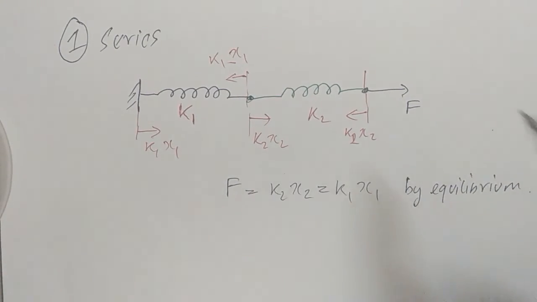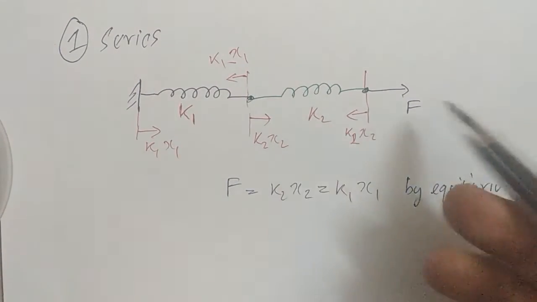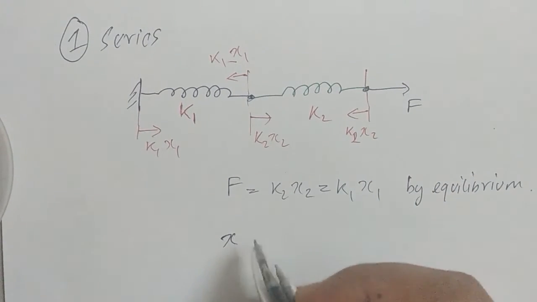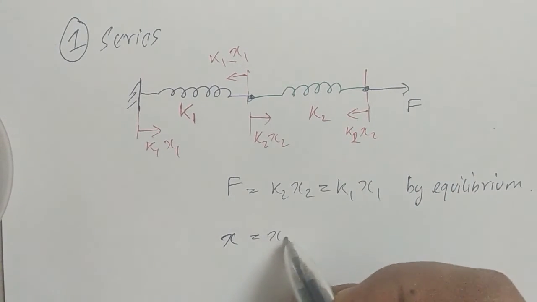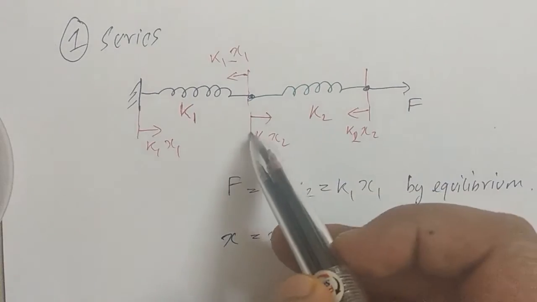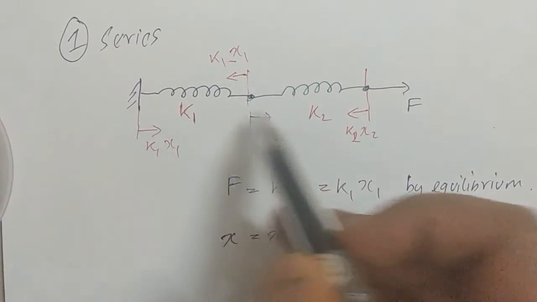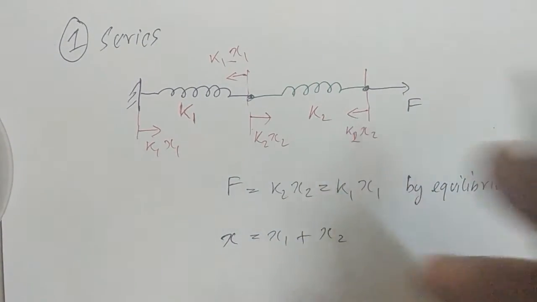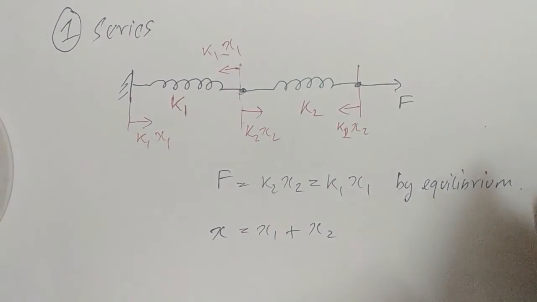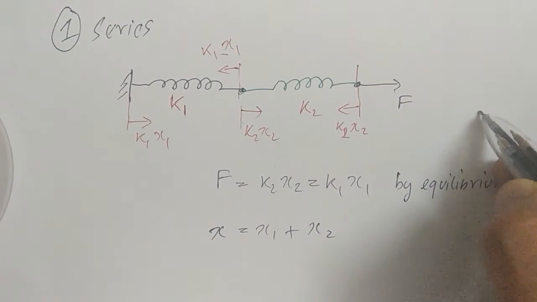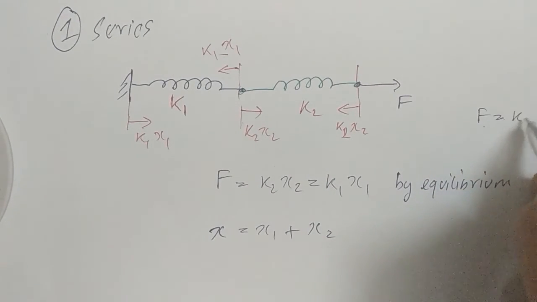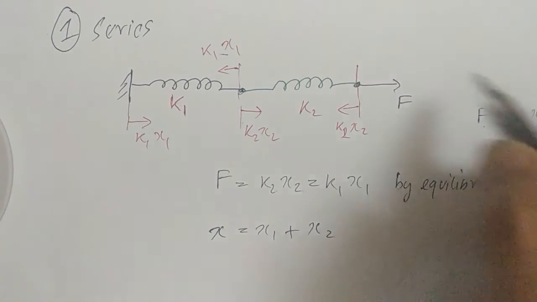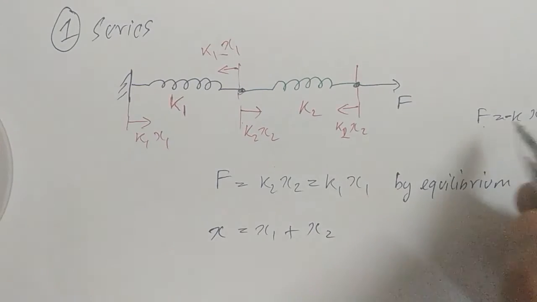And again the total elongation, that is x, is equal to x1 plus x2, the elongation on this plus the elongation on this, that is the total elongation. Now we know the formula, that is F is equal to minus kx. This is the restoring force that is developed.